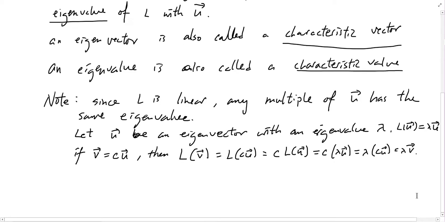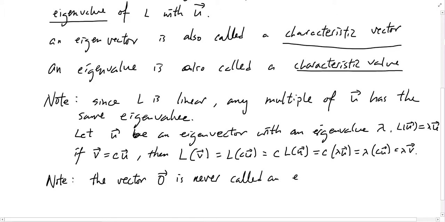Another important thing about eigenvectors is the following. The 0 vector is never called an eigenvector because it always works. Therefore, it yields no significant meaning. In a sense, it is a trivial eigenvector, so we don't consider it to be an eigenvector at all.